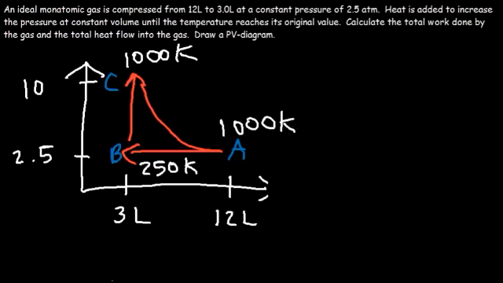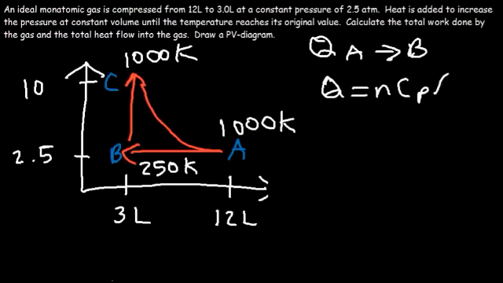Now, how can we calculate Q in the isobaric process from A to B? There are two equations that you can use. You can use this one, Q is equal to n Cp times delta T during a constant pressure, or isobaric, process.